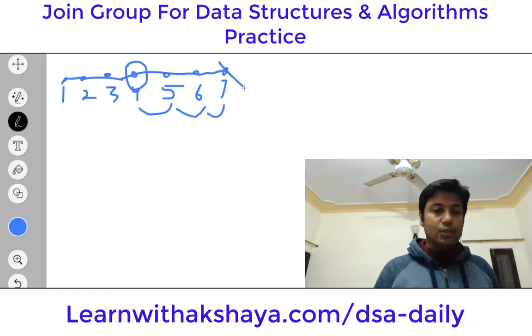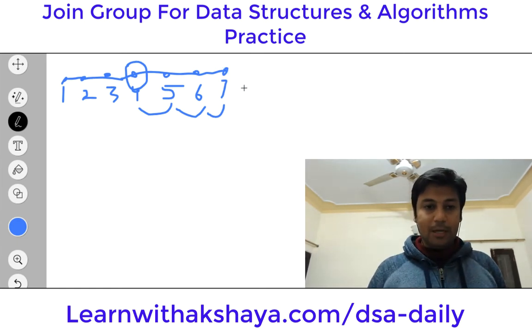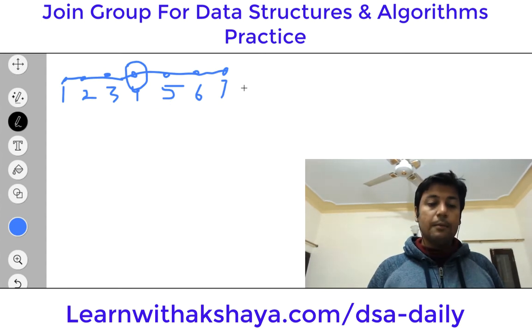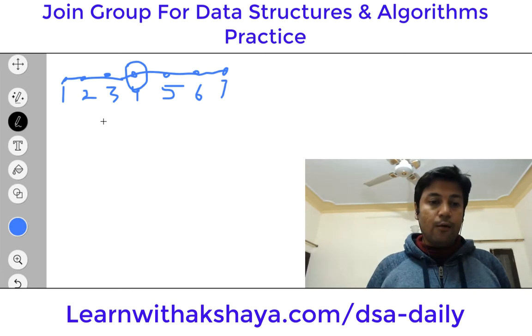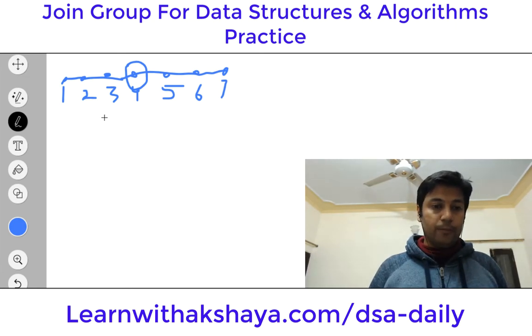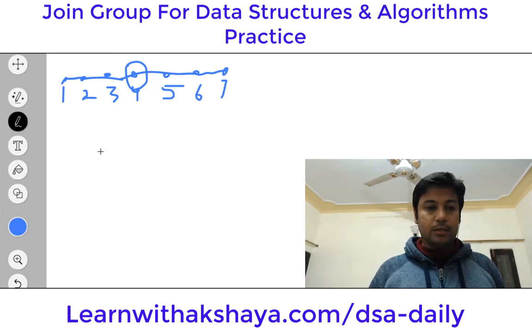Let me show you this in steps again. Basically we want the 4th node to be deleted, so what we are going to do is copy the 5th one over here. So this is what will happen. We will have 1 2 3, and this value will become 5. We basically copied it over here, right?